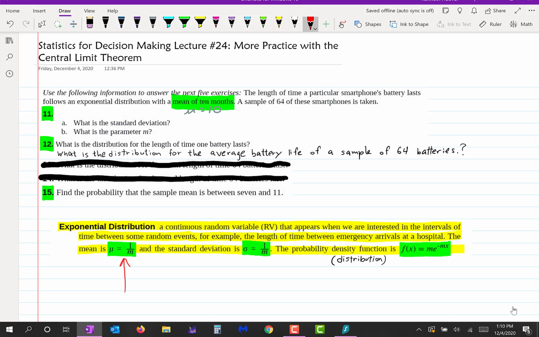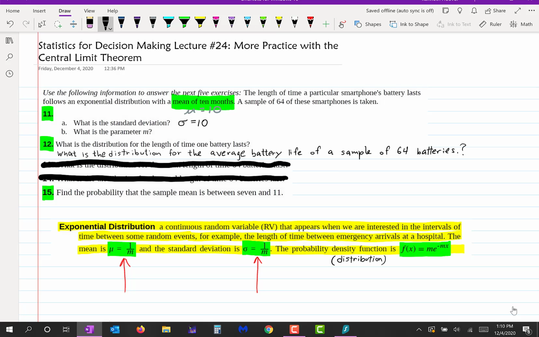The mean and the standard deviation equal each other. They're both 1 over m. I don't even need to know what m is right now. All I need to know right now is that the standard deviation equals the same thing as the mean. And they told us that the mean is 10, and so that means the standard deviation is also 10.